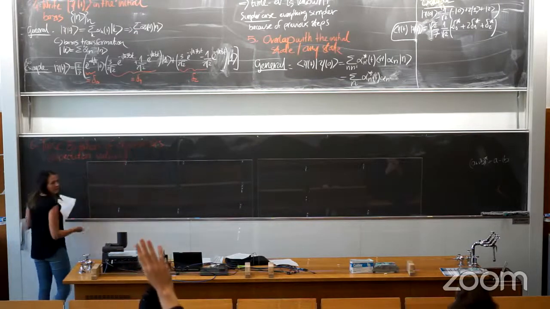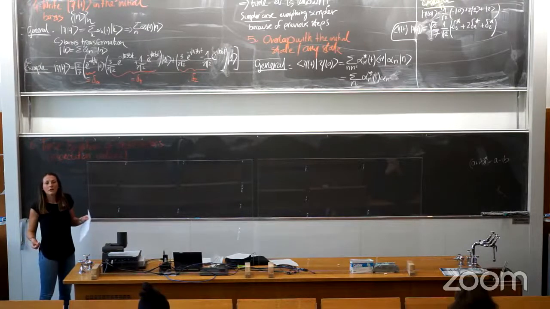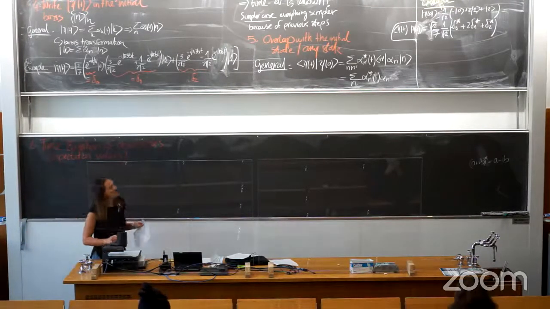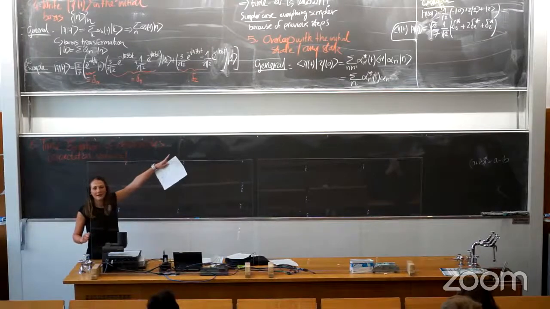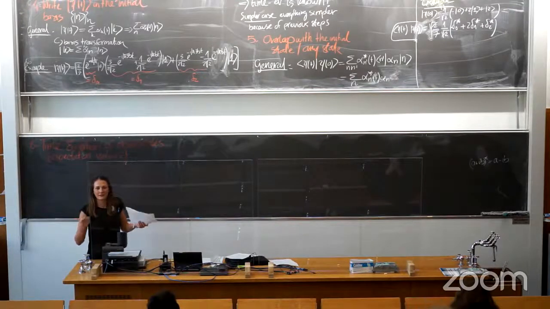What's the meaning behind this overlap? It's to see how much it changed, for example. If it's 1, then it means it didn't evolve or it came back. If it's 0, then it's completely orthogonal.